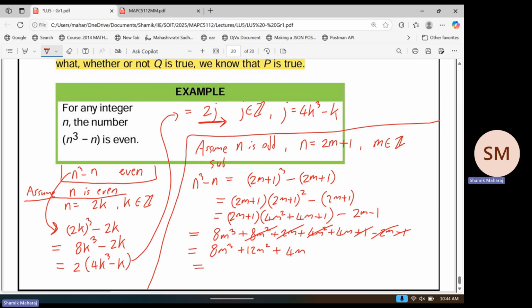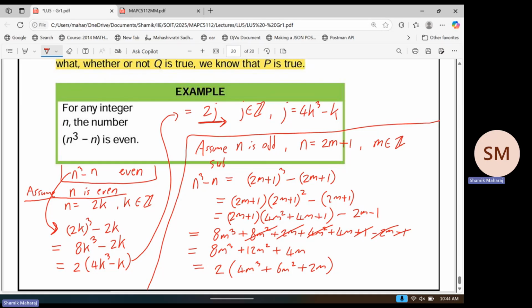Actually, yeah, because m is an integer, I can factor 2 out and be left with some integer. If I factor out 2, I'll be left with 4m cubed plus 6m squared plus 2m. And because that's a combination of integers with integer factors in front, and integer powers, it is still an integer.